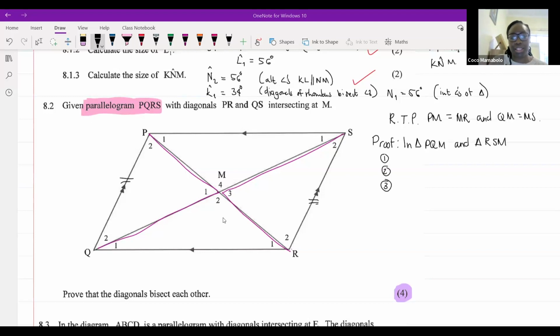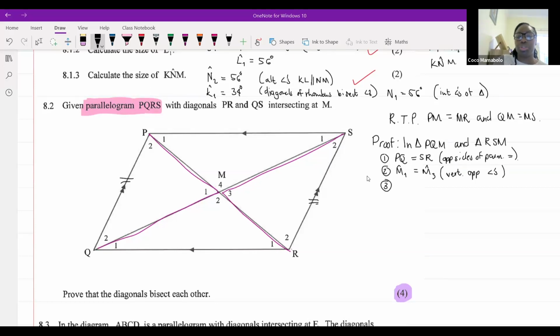I'm going to start with the easiest one. I can say PQ is equal to SR, and I don't just say properties of a parallelogram. I must say the opposite sides of a parallelogram are equal. Then I can say M1 is equal to M3, and my reason for that is vertically opposite angles.